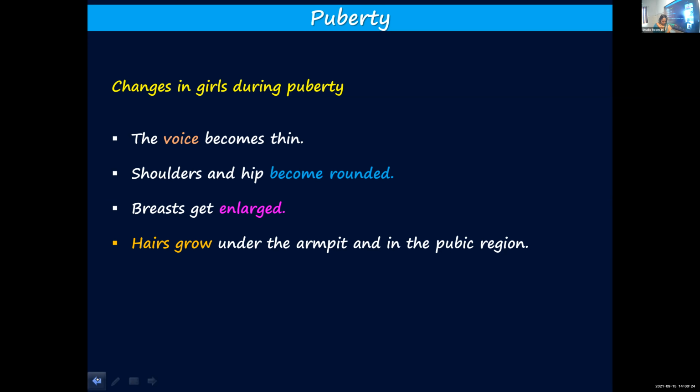And even though there are some differences in the time or the pace at which these changes are taking place in people, we have different patterns of growth also. Hair will be growing, height is increasing, but all are not increasing in the same way. So there can be differences in the patterns of hair growth or your height, your weight.